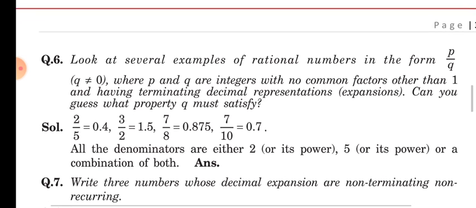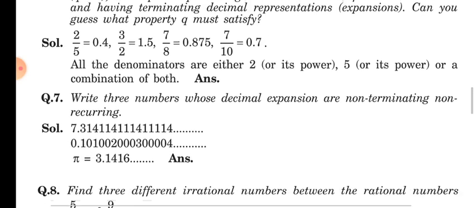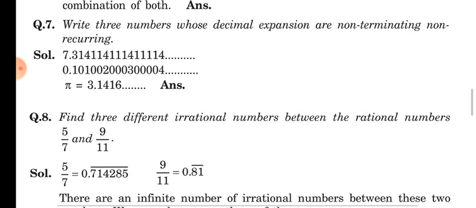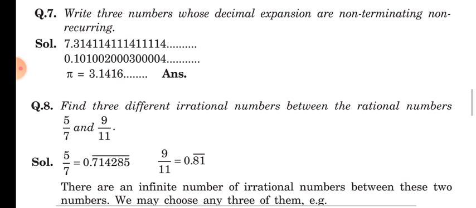Okay. Now let us see question number 7. Write 3 numbers whose decimal expansions are non-terminating and non-recurring.